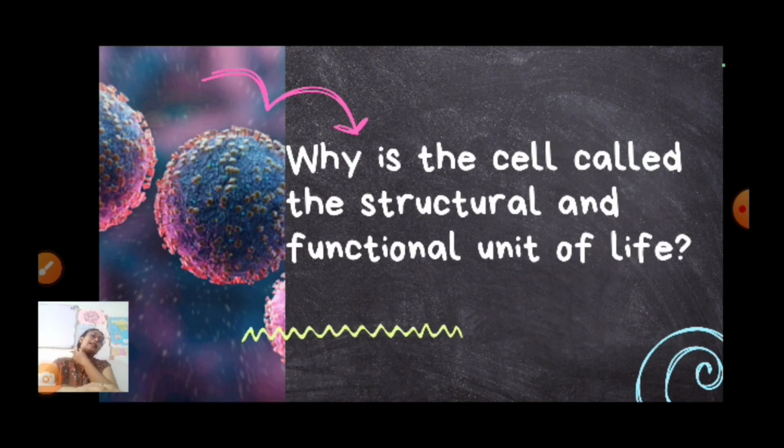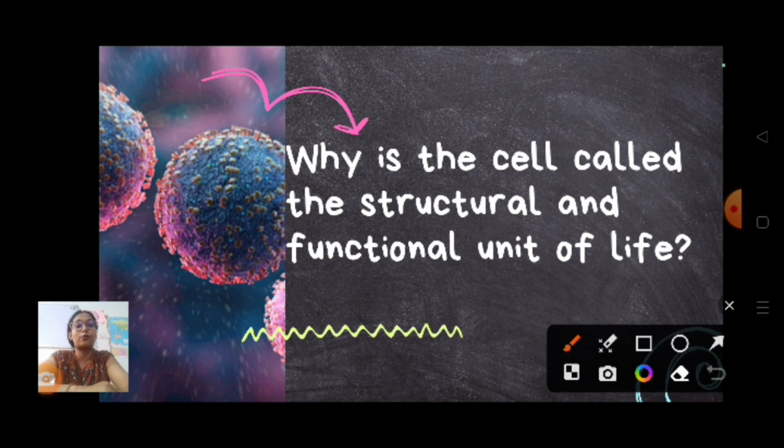So the question comes: why is the cell called the structural and functional unit of life? Two terms you have to know: why it is called structural and why it is called functional unit of life.